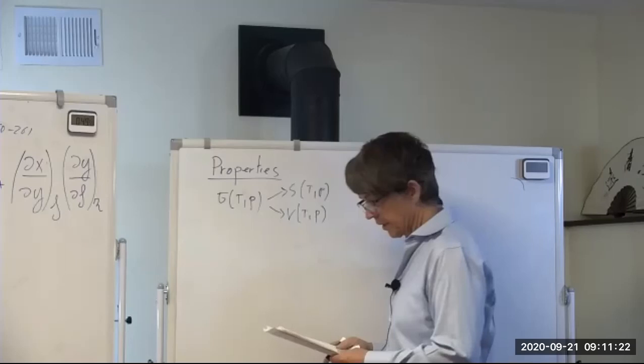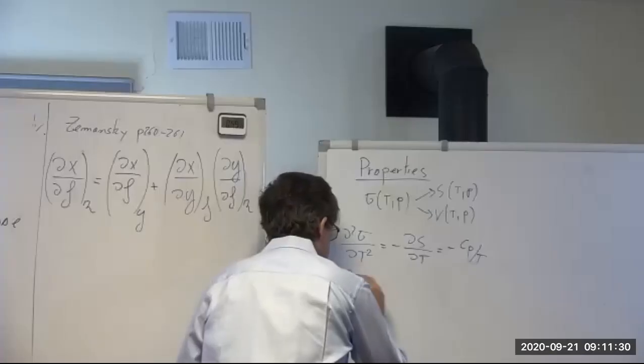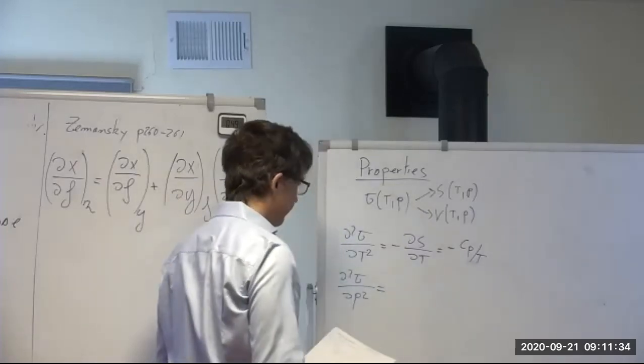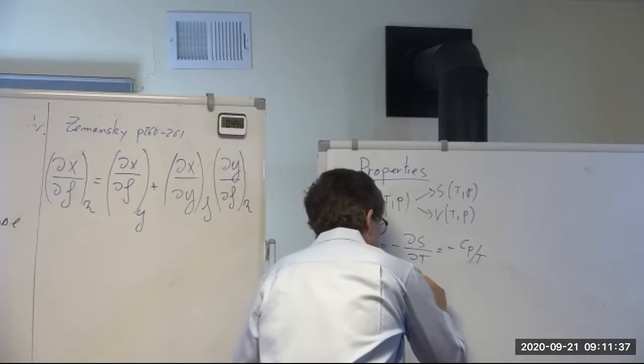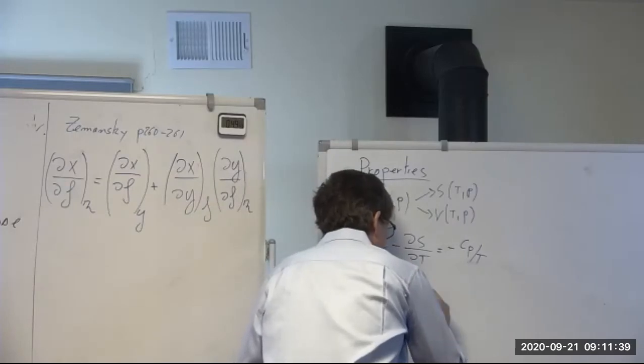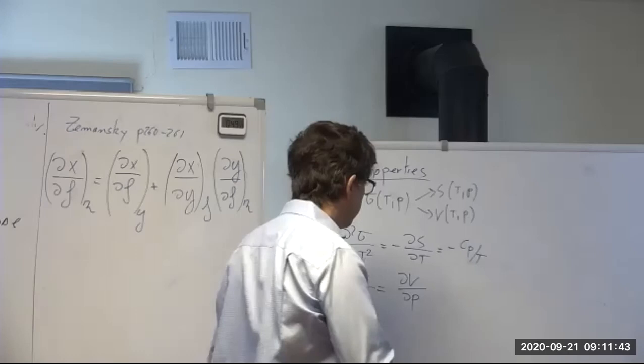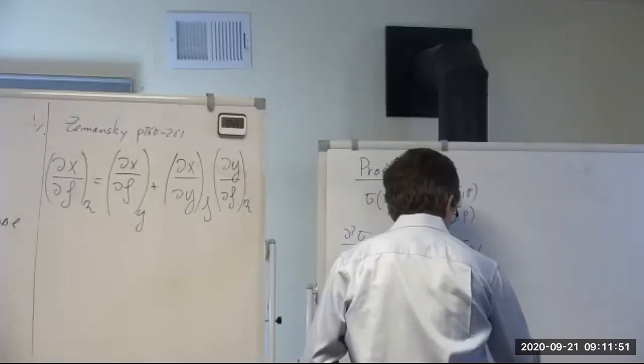If I take d²G/dP², well, the first derivative is V, so this is dV/dP, so that's compressibility. So this is minus V β_T.